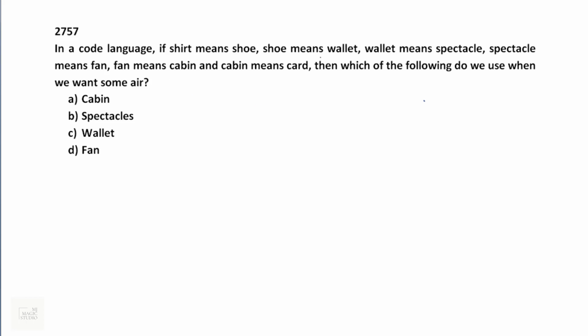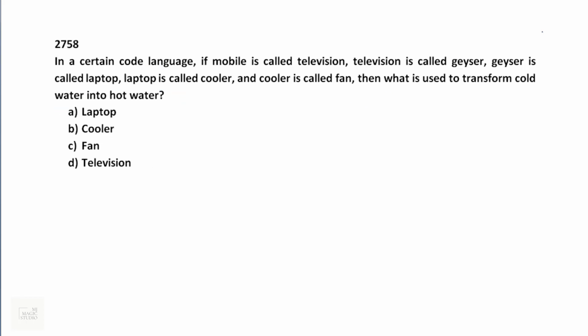In a code language, if shirt means shoe, shoe means wallet, wallet means spectacle, spectacle means fan, fan means cabin, and cabin means card, then which of the following do we use when we want some air? When we want some air, we need a fan. And fan means cabin. We would be using cabin. Option A fits in.